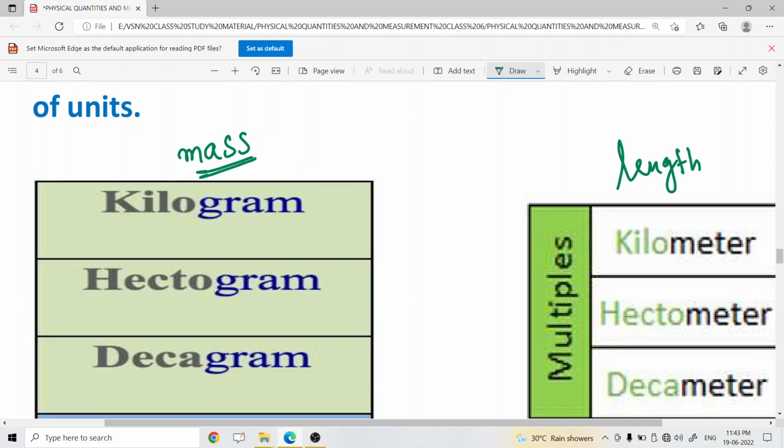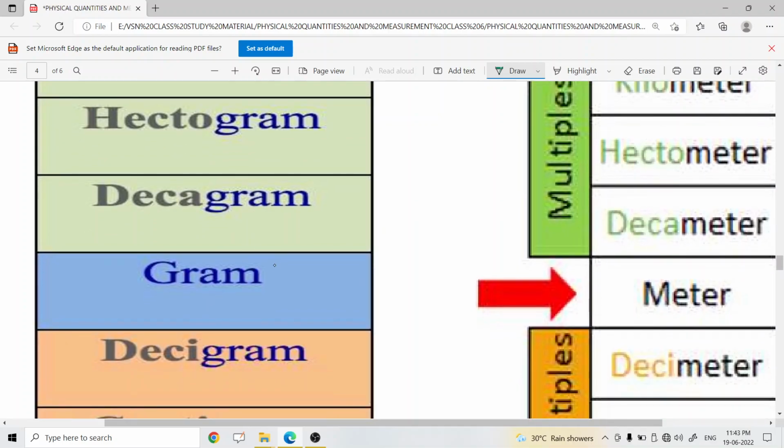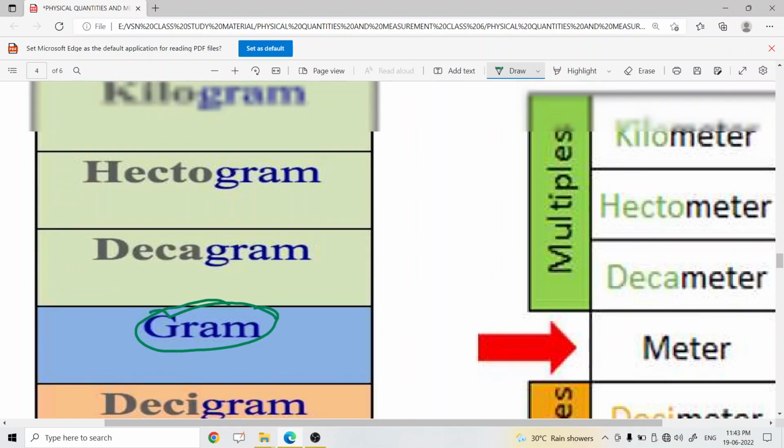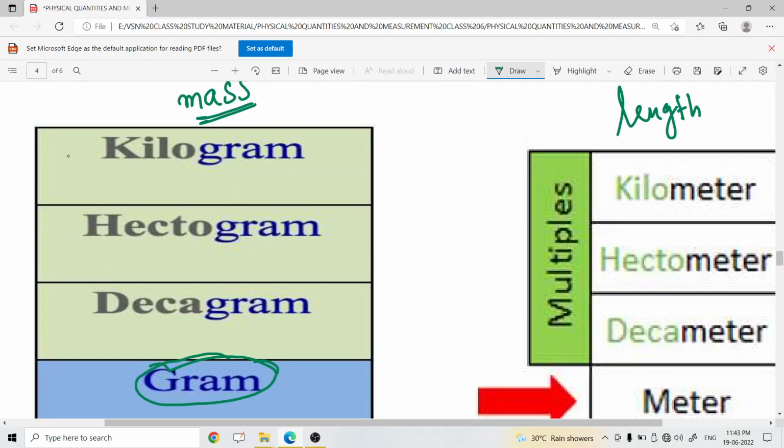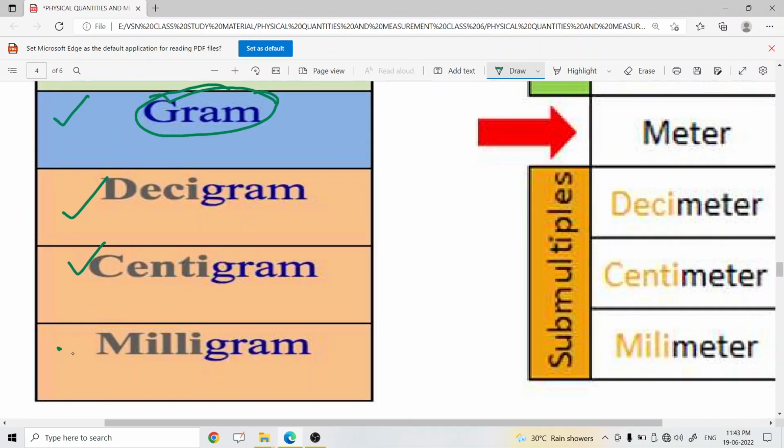Here we can see that gram is the CGS unit of mass. Above you can see kilogram, then hectogram, then decagram, then gram, then decigram, then centigram, and also milligram.